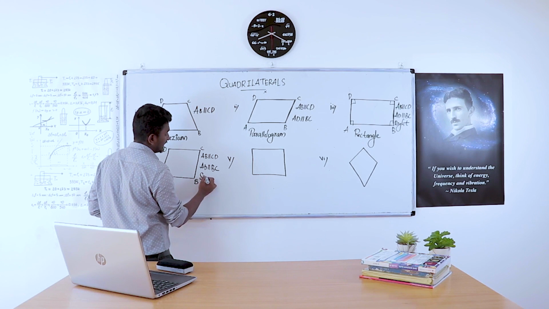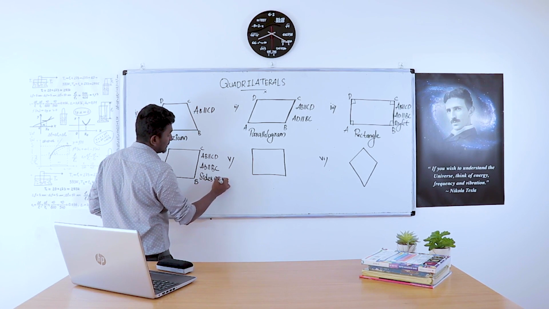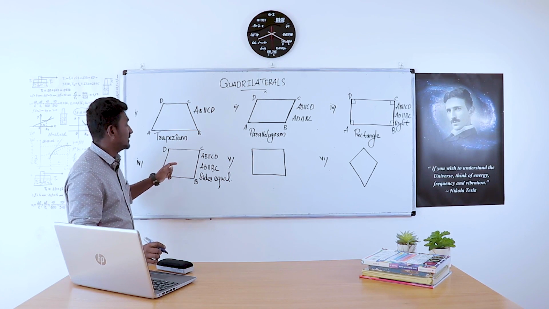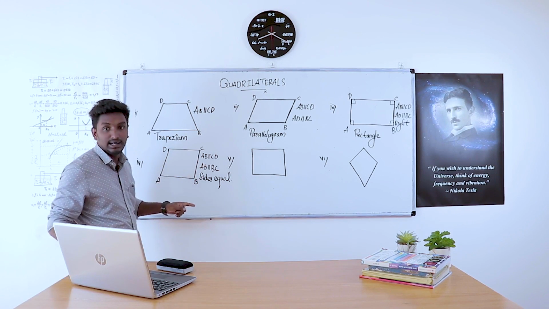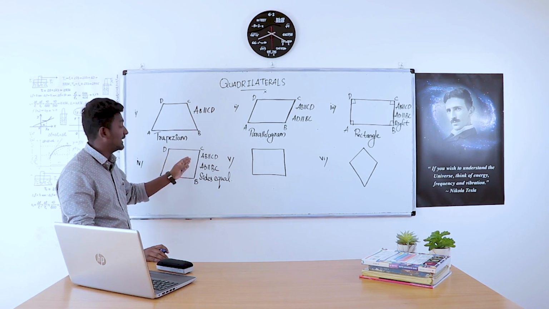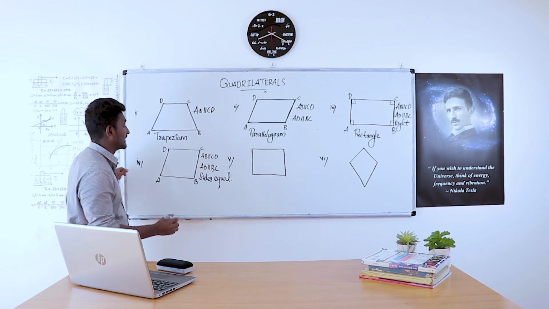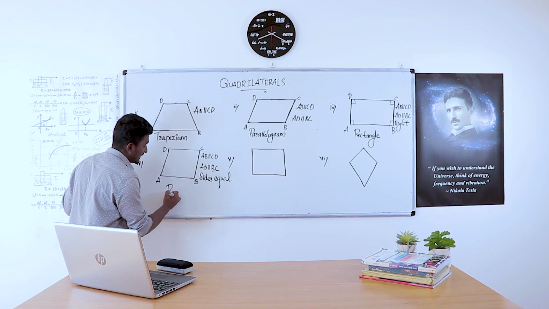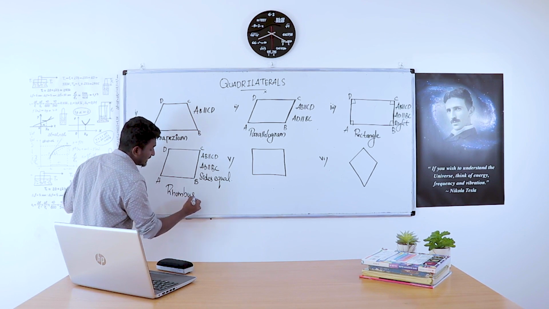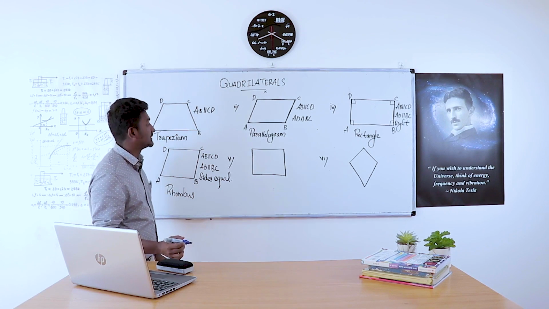Here the specialty is that opposite sides are parallel and all four sides are equal. Then this quadrilateral can be called a rhombus.